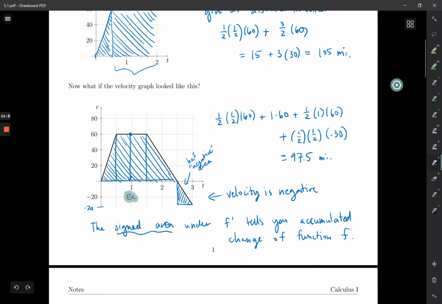Oops, I made a mistake. This shouldn't be shaded here. It will have the same area, but this is going to be here. There we go. So you go from here up to the axis. Okay.